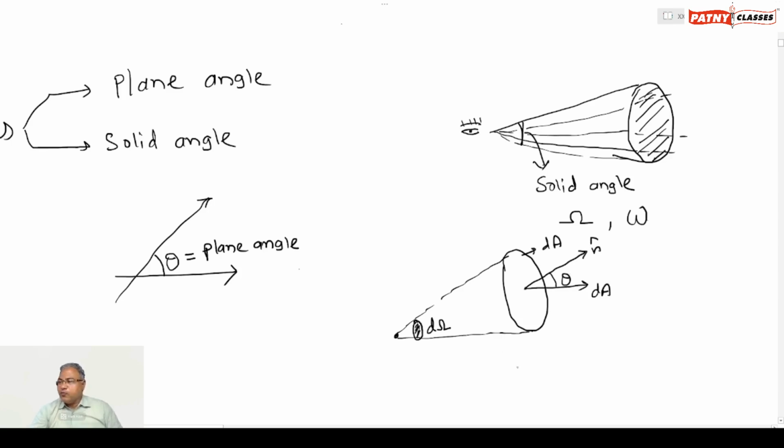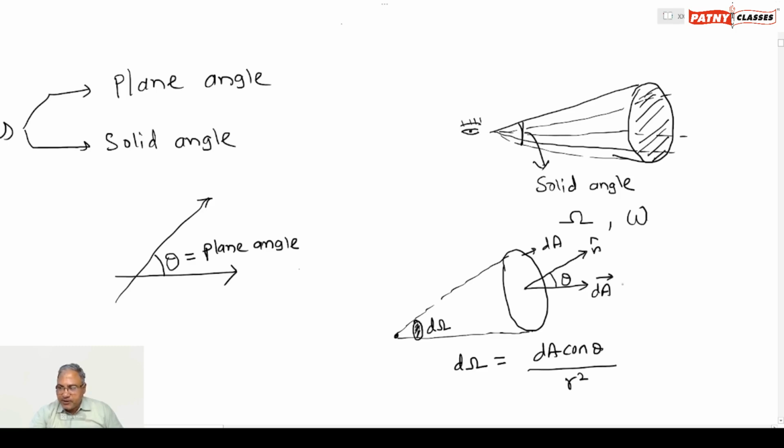Then what is the formula for solid angle? The formula for solid angle is d omega equals dA cos theta divided by r square. So this is the formula for solid angle. So solid angle depends upon what you are seeing, which solid is being observed, and the angle between the normal and the area vector.